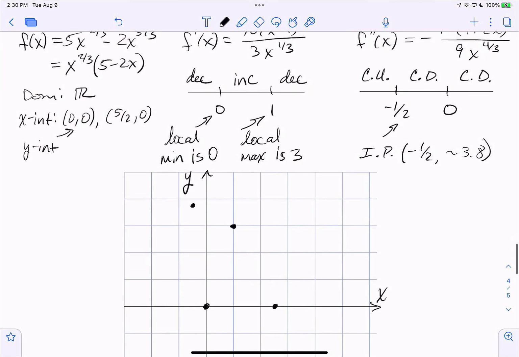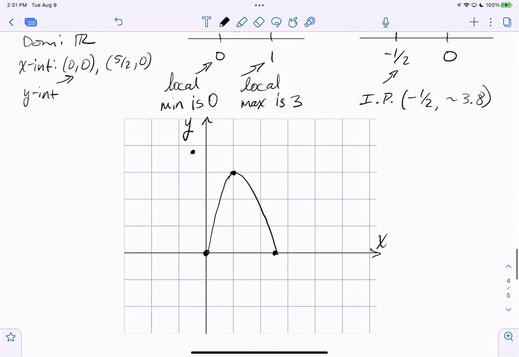Now, our graph is decreasing to the left of 0, and then the increasing and decreasing part to the right of 0 is pretty straightforward. Concave down to the right of 0. So what that tells me is it's not going to bend up here and do anything like that. It's going to keep going concave down forever.